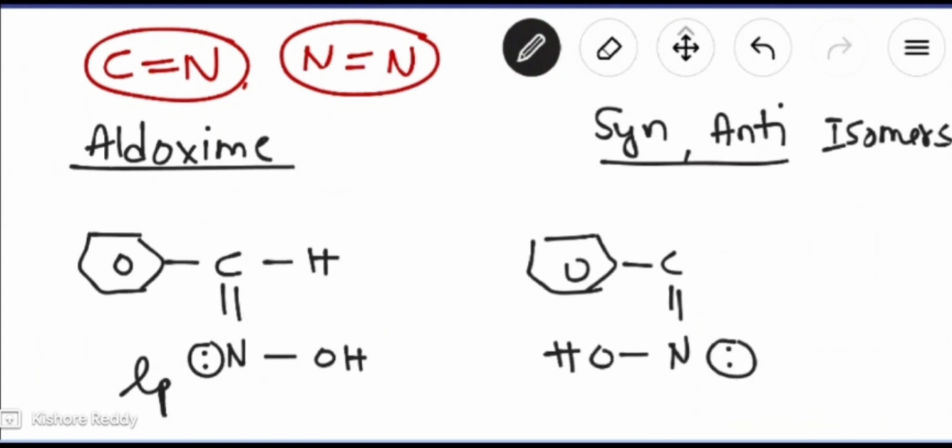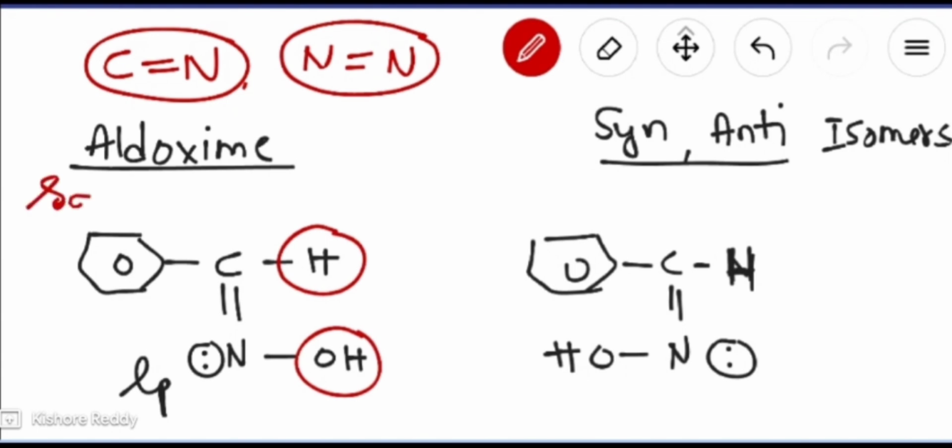Everyone understood this? So the phenyl group and hydrogen will remain the same, but what I have done is the lone pair and OH groups are exchanged here. Can we write like this? The aldoxime in which H and OH are on the same side of C=N, you call it the syn isomer.